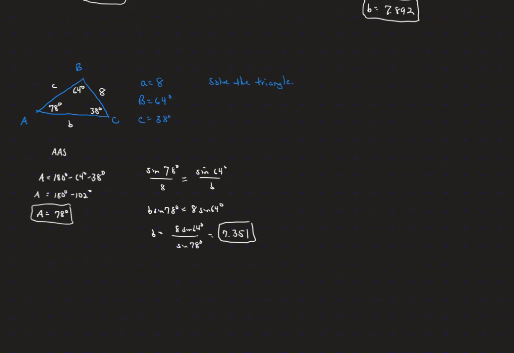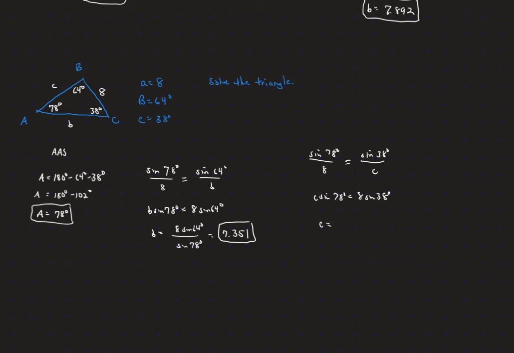And we still have to find side C. So I'm going to start again with the ones that we know. So the sine of angle A, 78 degrees, over the side length A, which was 8, that we were given. And we can now do the sine of angle C, which is 38 degrees, over side length C. So cross multiplying, C sine of 78 is 8 sine of 38.